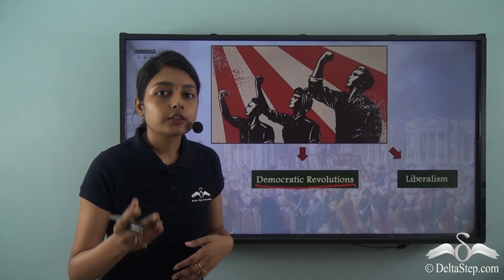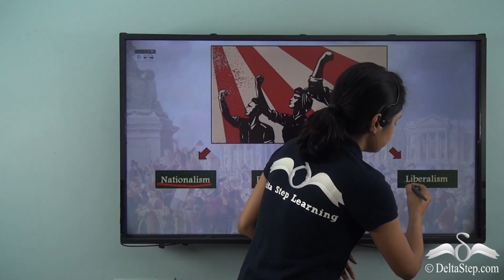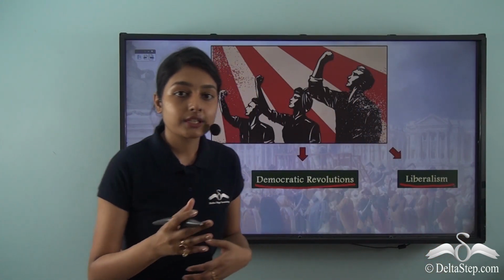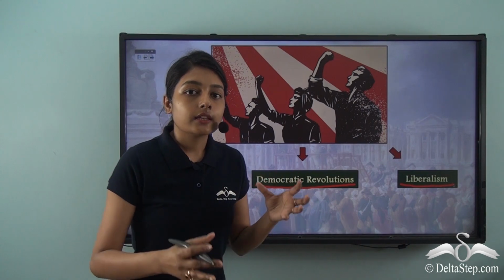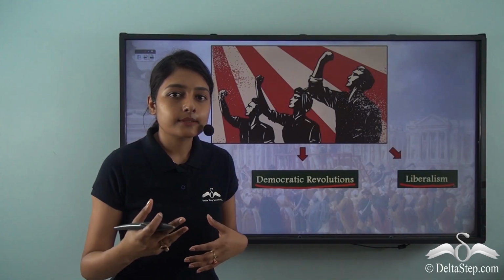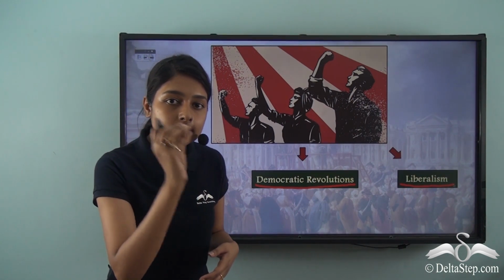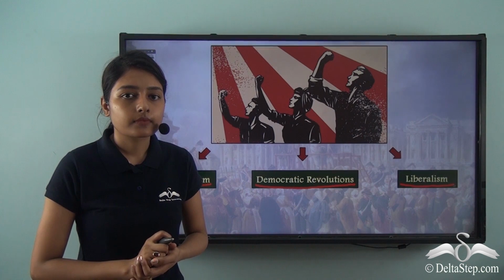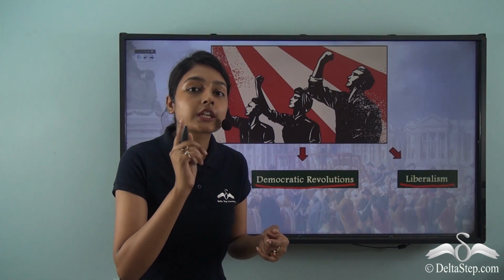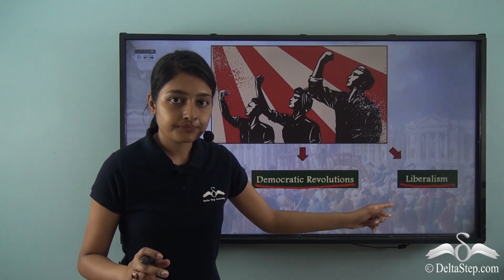Along with that, the French Revolution gave birth to the concept of liberalism. Liberalism that ensures the well-being of the citizens of any nation. Liberalism that ensures certain rights and liberties to the citizens of a nation. In fact, it also gave birth to many ideologies, one of which is liberalism.